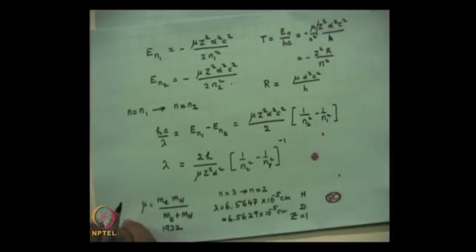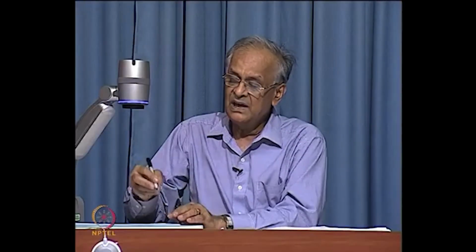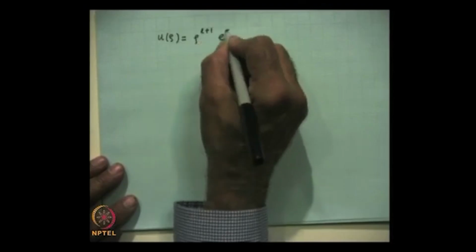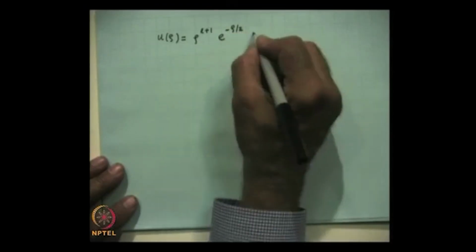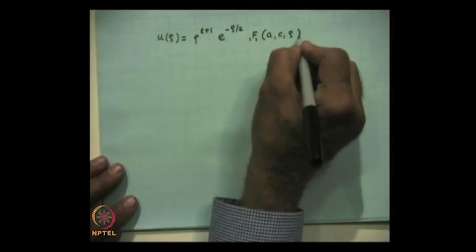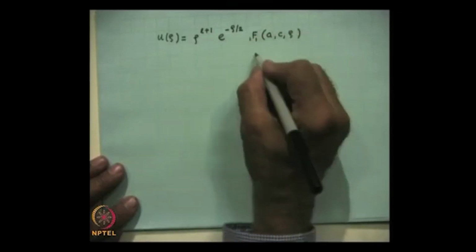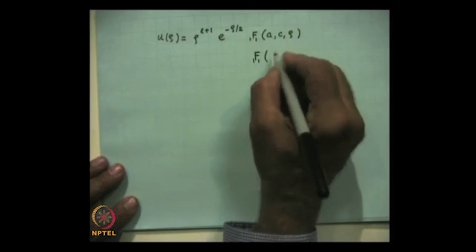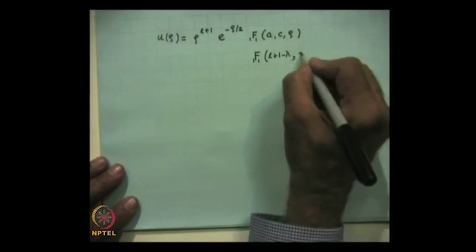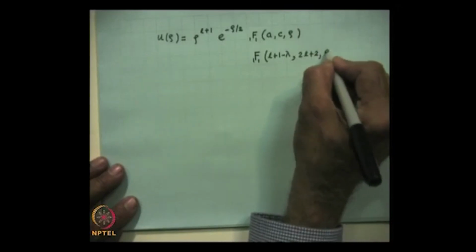Now, we go back to the radial part of the Schrodinger equation, and we have u of rho as rho to the power of L plus 1 e to the power of minus rho by 2 F 11 (A, C, rho), where A was equal to L plus 1 minus lambda, C was equal to 2L plus 2, and this is rho.